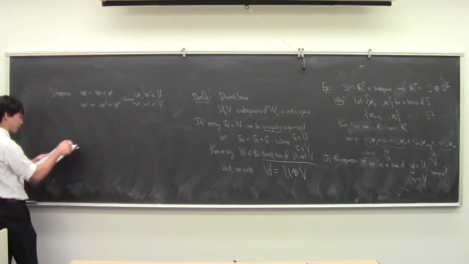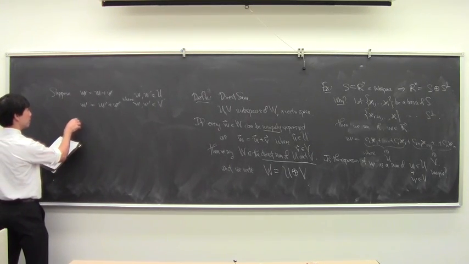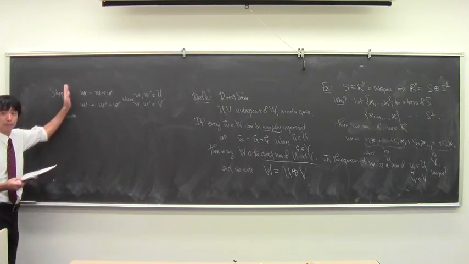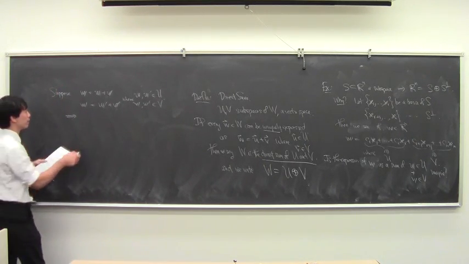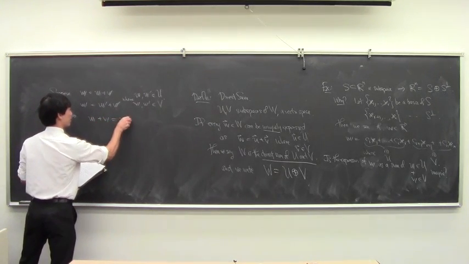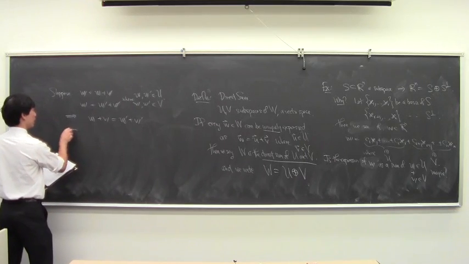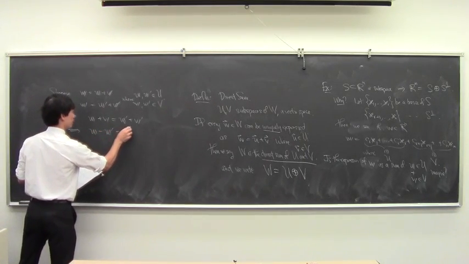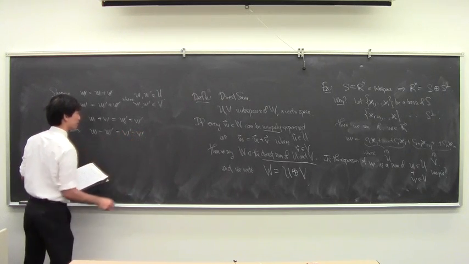So let's see. Suppose there are two ways of expressing it, right? In that case, u plus v equals u prime plus v prime. And that tells you that u minus u prime equals v prime minus v.